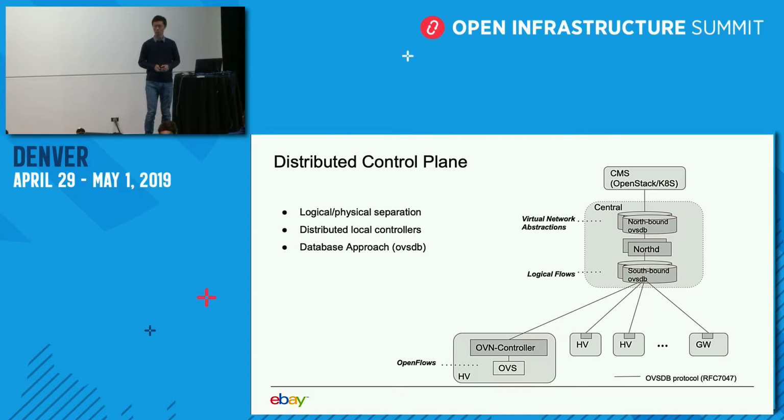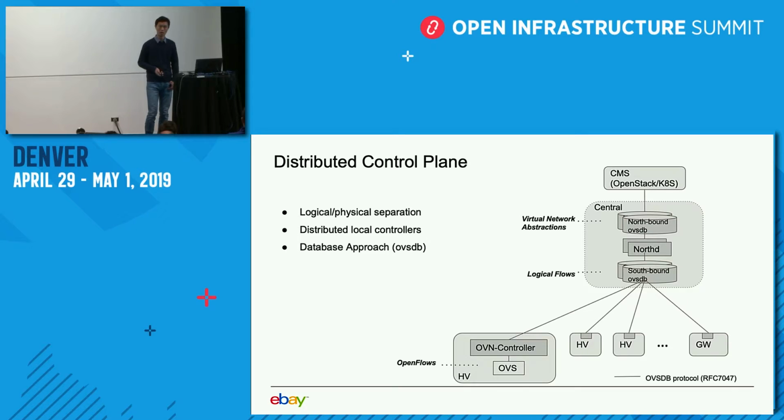The central part contains basically two databases. One is the northbound database, which contains the abstraction of the logical objects such as logical switches, logical routers, ports, ACLs, load balancing, and that kind of thing. Then there's a southbound database, which stores the objects that can be understood by the distributed part. The most important thing is the logical flows. These are similar to OpenFlow rules, but they don't contain any physical information.